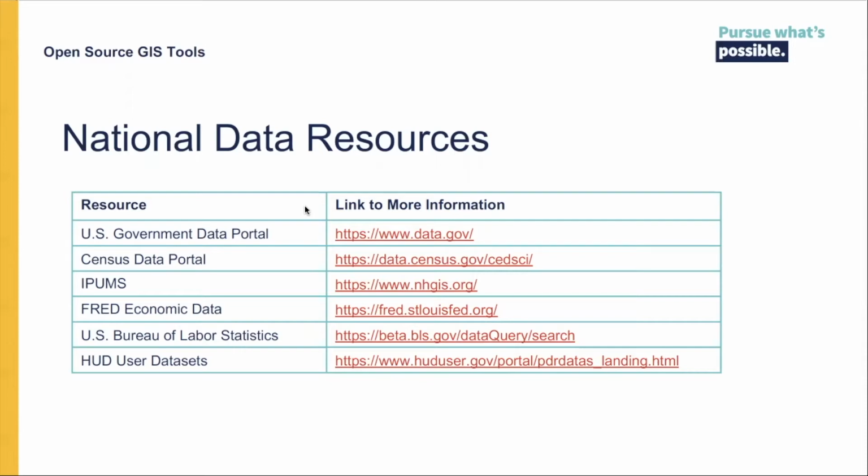And the cool thing about this data portal is that it has historical data, as the name mentions, from 1790 to now. And this is administered by IPUMS, which is the Integrated Public Use Microdata Series, which is the world's largest individual level population database.